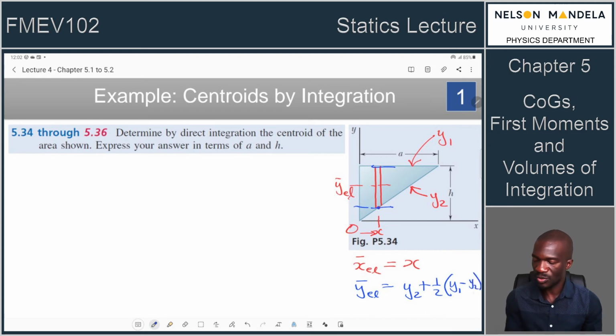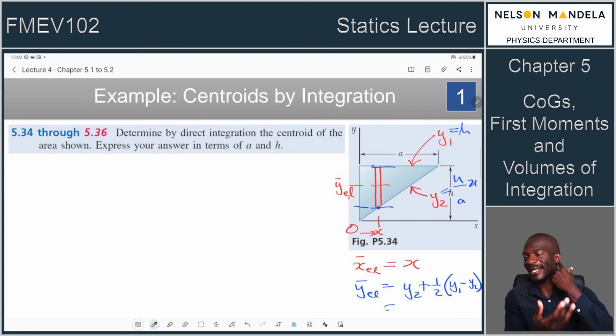We are happy to see that our y1 is h, and our y2 is the function. It's proportional, so y2 is given by what? h over a, that is the gradient, multiplied by x. So in actual fact, you can now put your h's and a's, and then you get your y element.